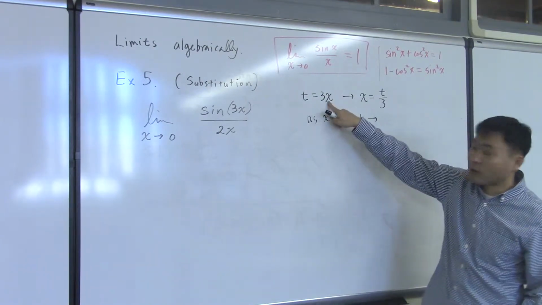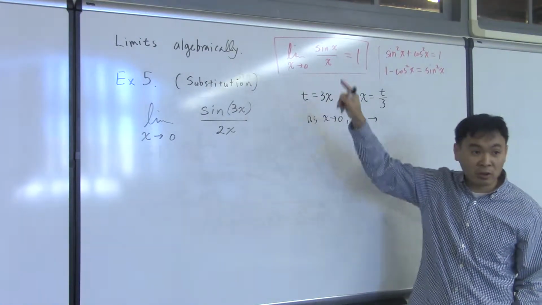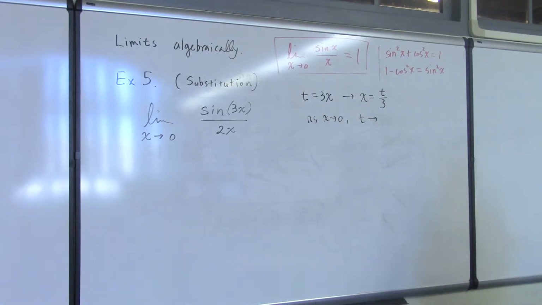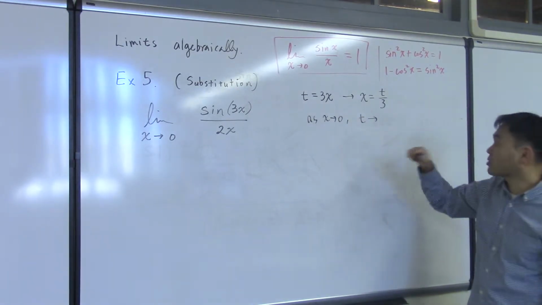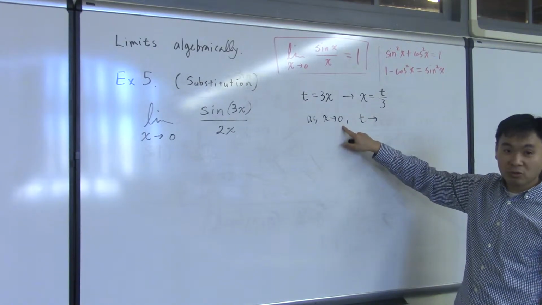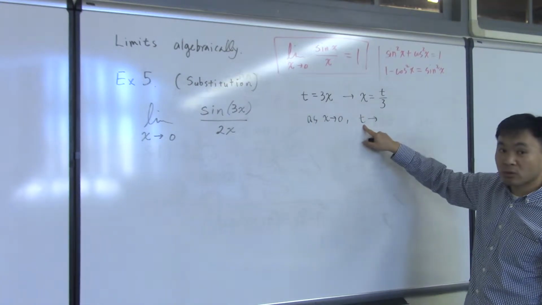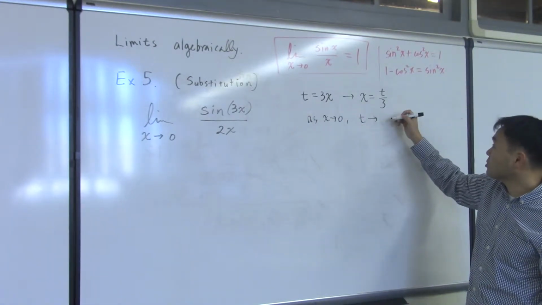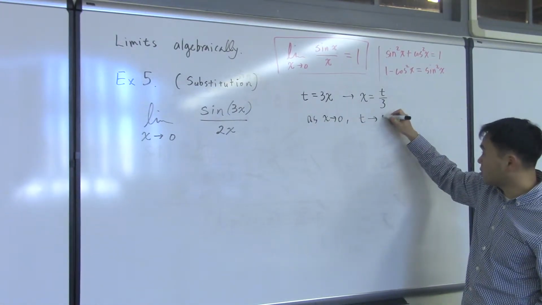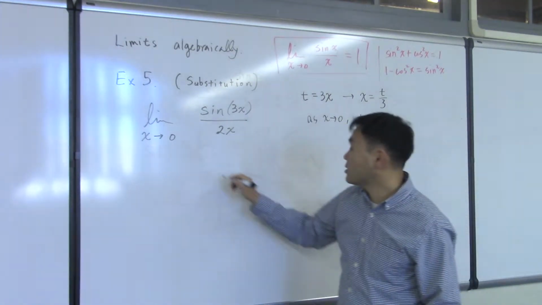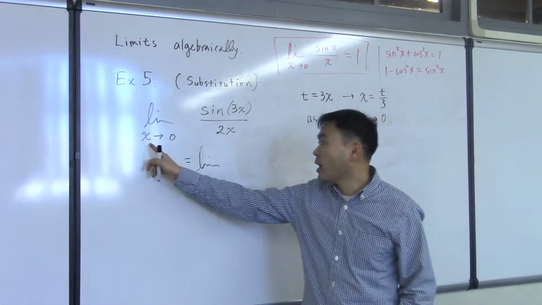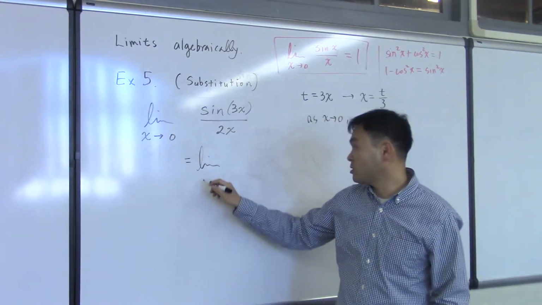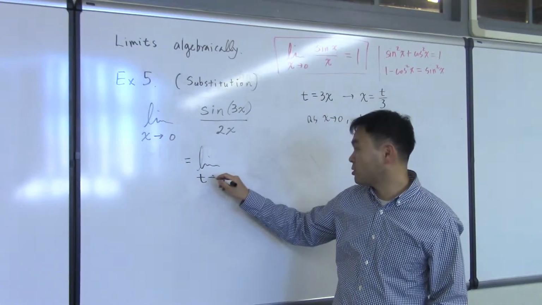If x becomes very close to 0, t goes close to 3 times 0, which is 0. So as x goes closer and closer to 0, t goes closer and closer to 0. That's all we need in order to do the substitution. So x going to 0 is now changed into t going to 0.